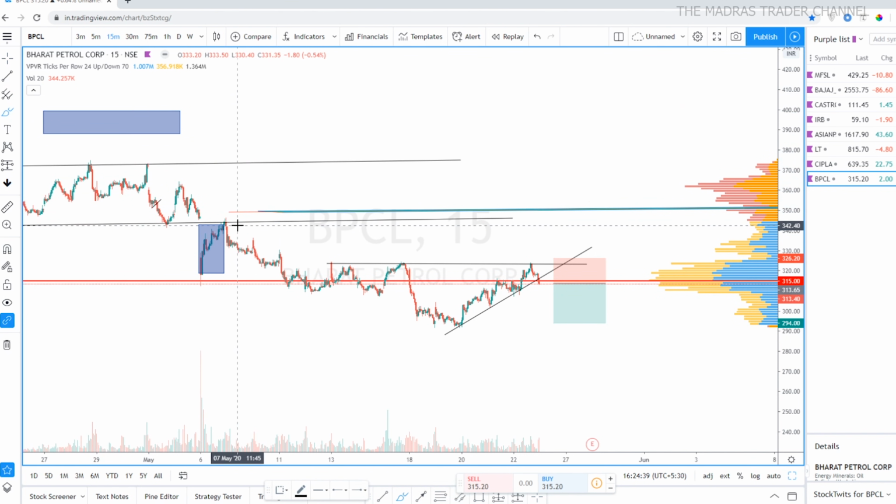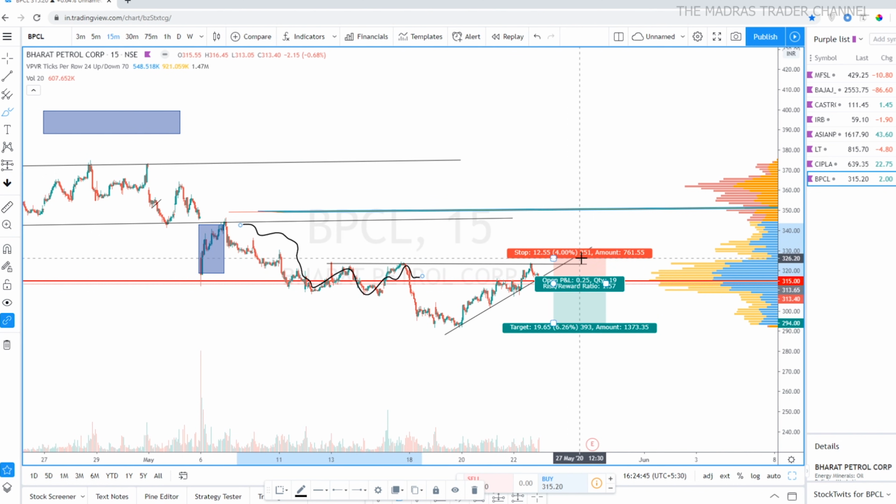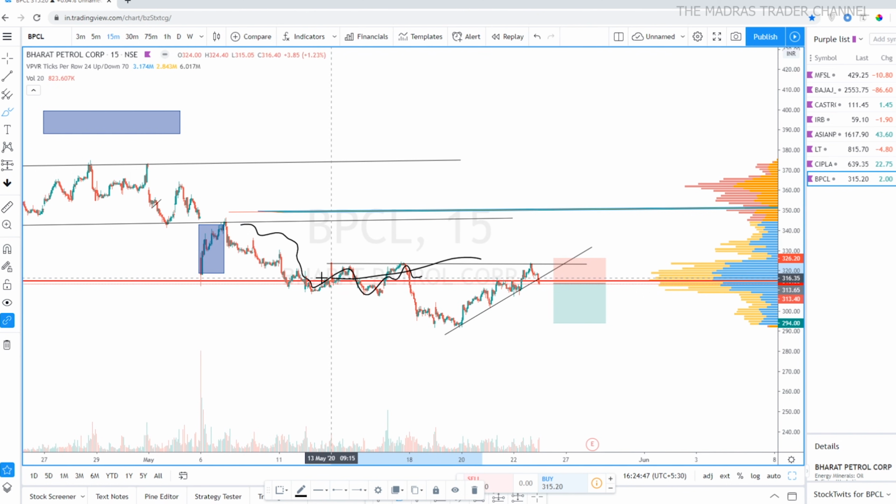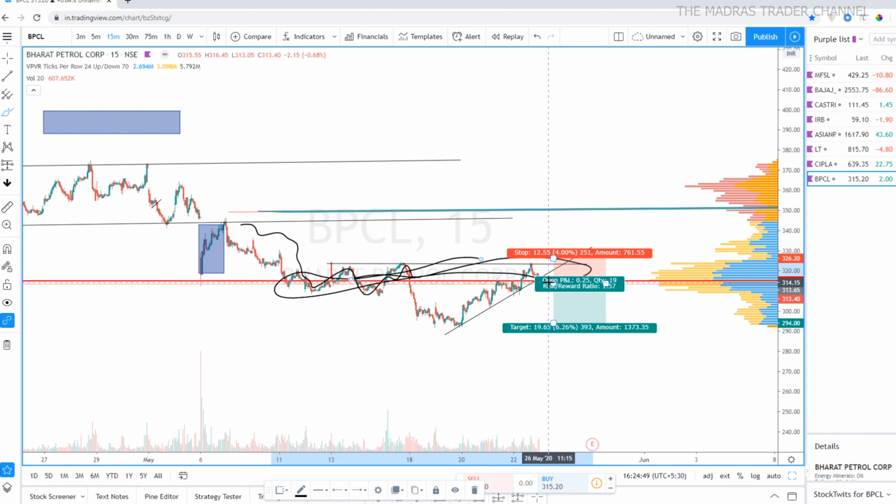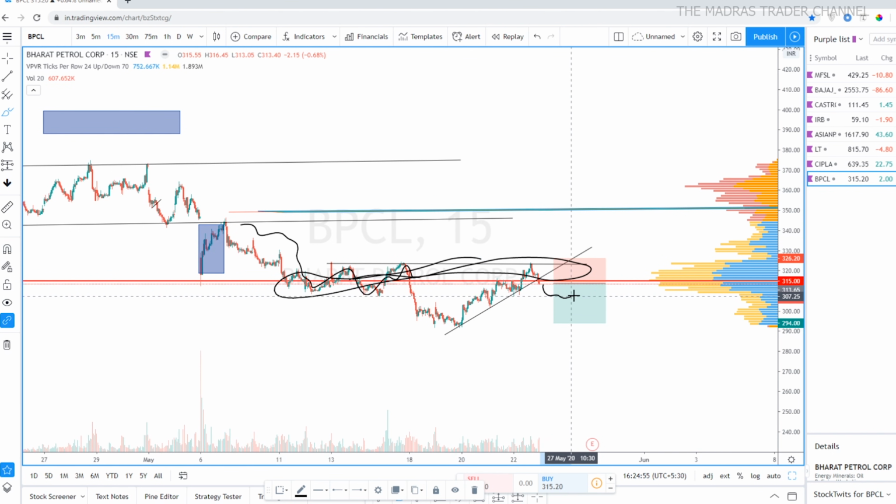The price was consolidating here. Many of the transactions have happened recently over this area. So when the price is moving away from this area, what can we expect? It can go down. So this is how you combine price action with volume profile.